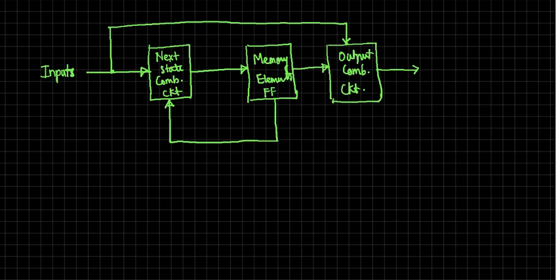Just now we saw, yeah, Mealy. So this is absent in, tell me, Moore. So this is the typical block diagram of the FSMs.